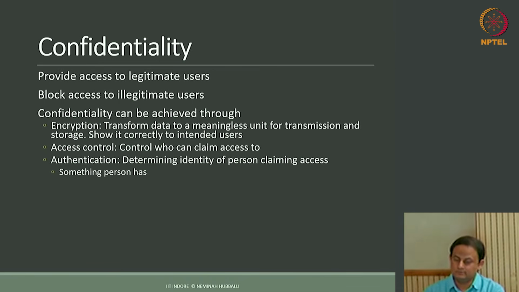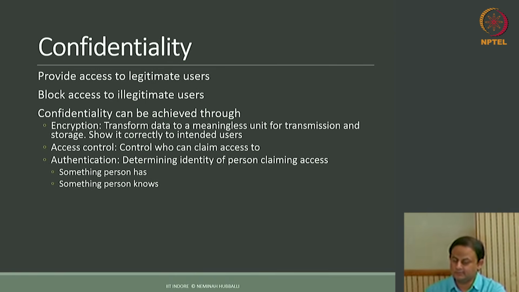So the person X is trying to log into the account. The data stored in that email account is the resource, so he is claiming access to that resource. By providing this piece of information, he is confirming that he is indeed the person who is supposed to get the access.